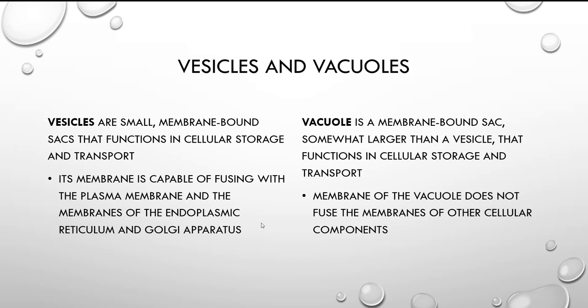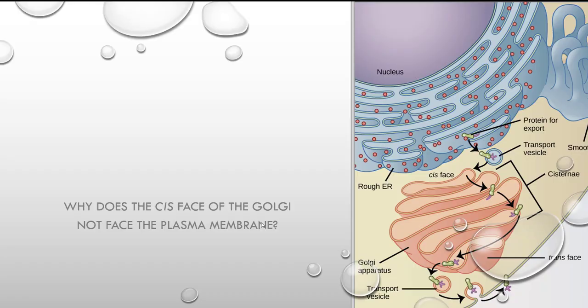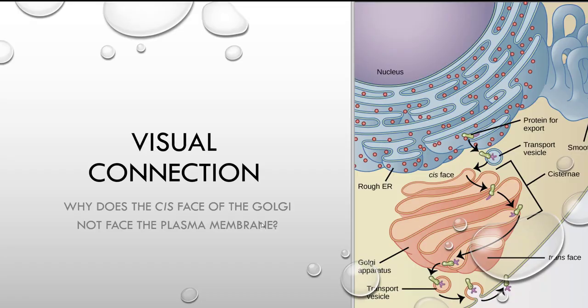All right, so let's take a look at our visual connection here. If you take a look at this Golgi apparatus, there's a cis face and a trans face. So why does the cis face of the Golgi not face the plasma membrane?